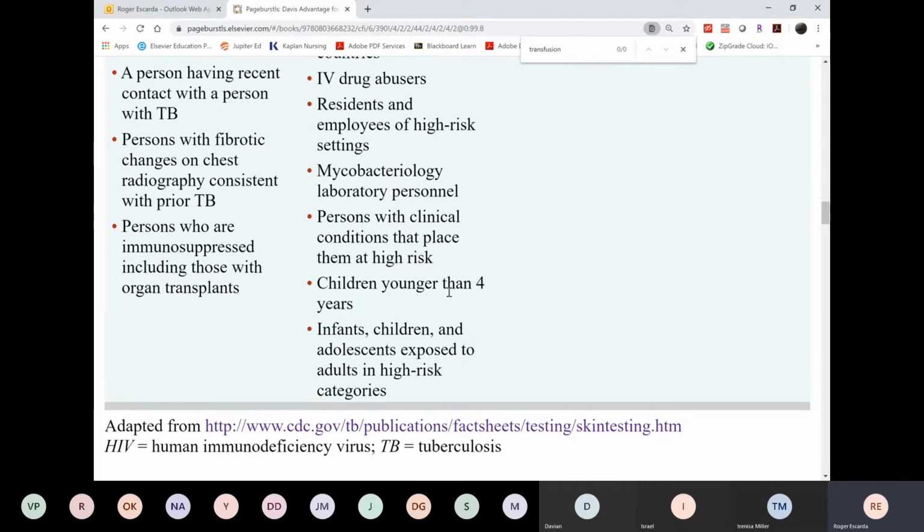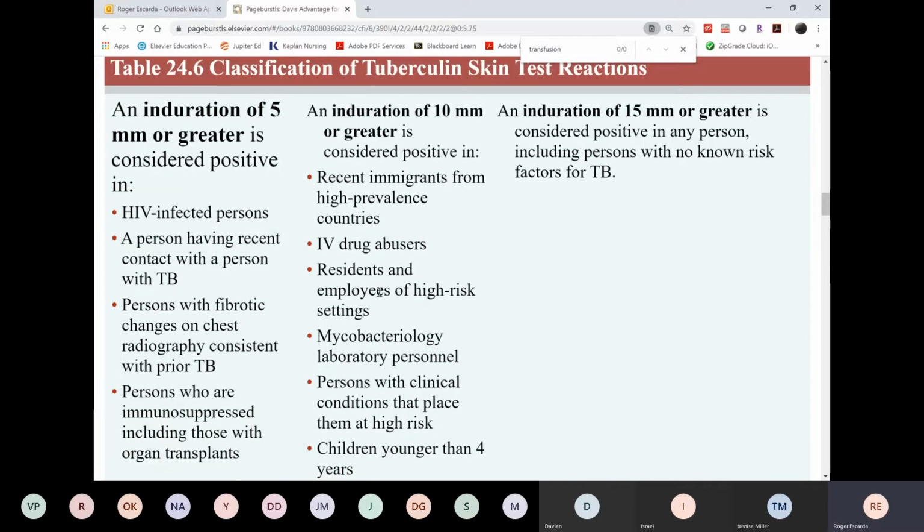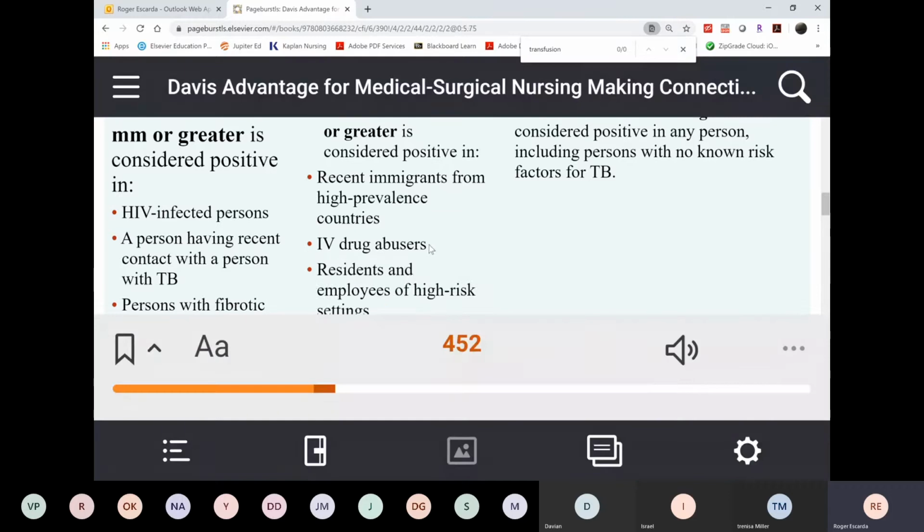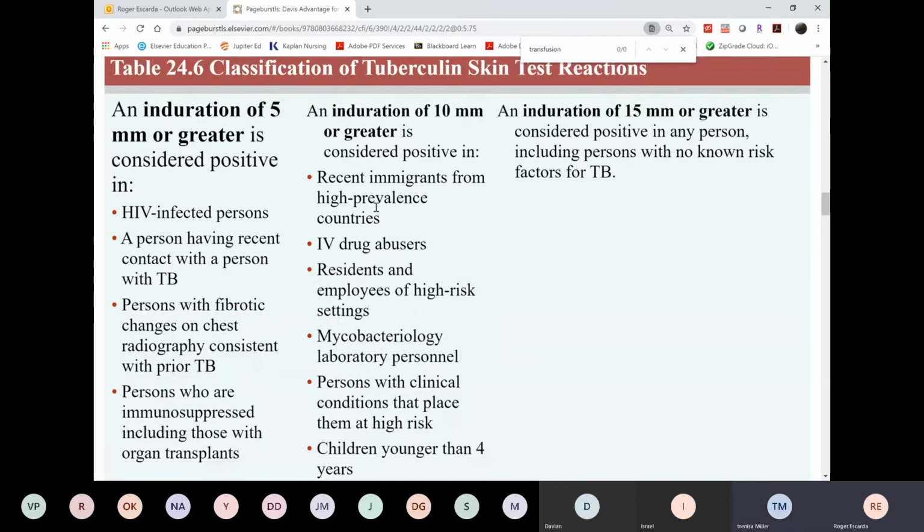Children under 4 years of age, or infants, children, or adolescents exposed to people who belong under this. So if these people get a PPD induration of 10 or greater, then it's positive.